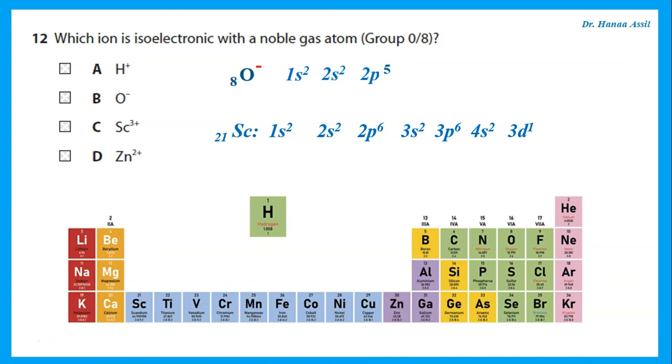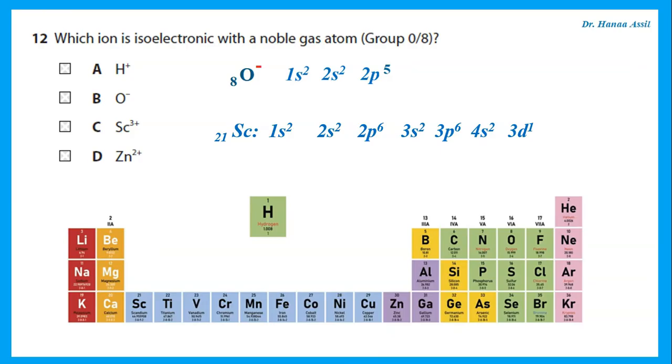What about scandium 3+? Well, scandium alone has 21 electrons: 1s2, 2s2, 2p6, 3s2, 3p6, 4s2, 3d1. Remember, when we fill electrons, we fill the 4s first before the 3d. But then we want scandium 3+.